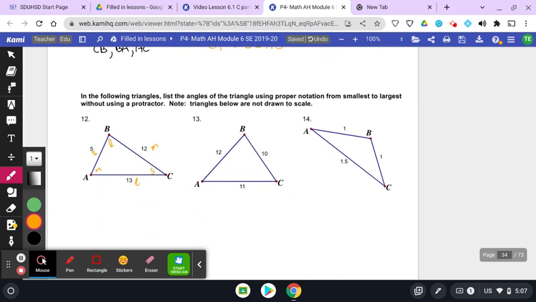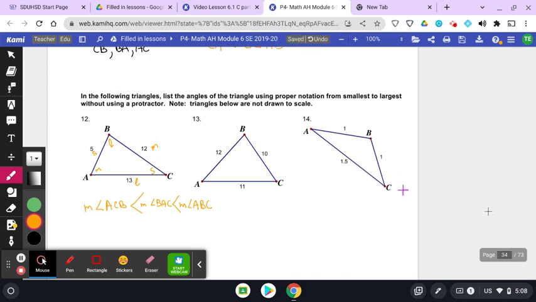So I know the measure of angle ACB is less than the measure of angle BAC. Remember, it doesn't matter which ones are the endpoints. You can say CAB or BAC, but it matters that A is in the middle, which is less than the measure of angle ABC.